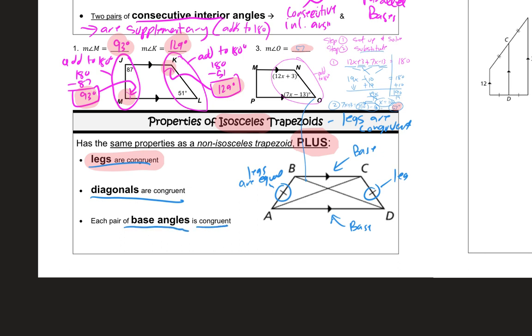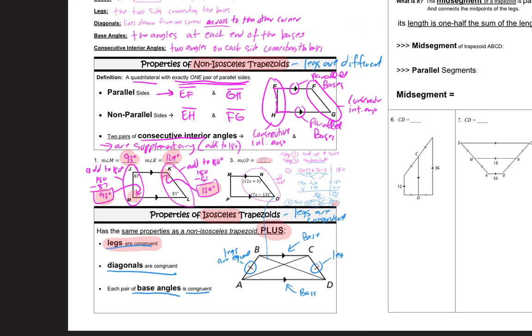The definition of a base angle is the two angles at the end of a base. So if this is the base, one of the base angles is this right here, angle BAD, and we would say angle BAD and angle CDA are congruent.